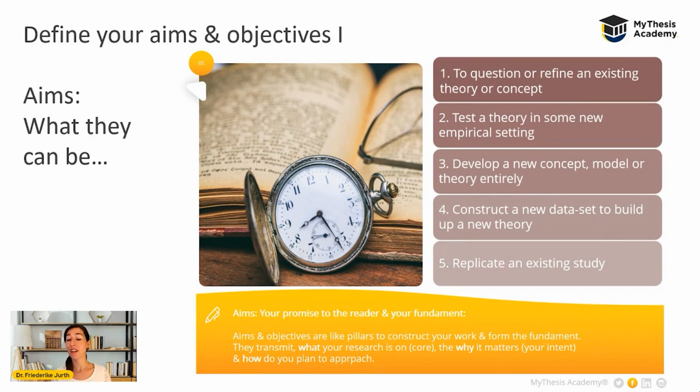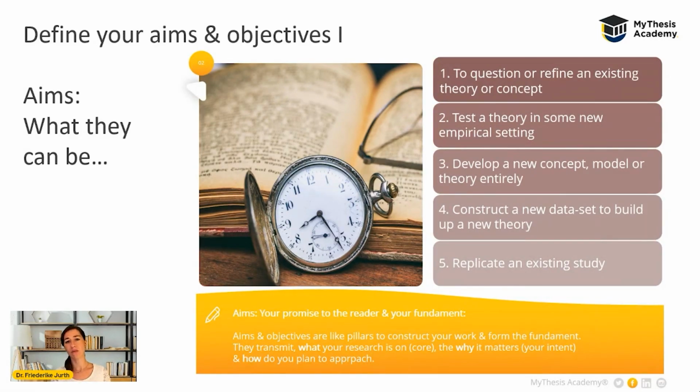Then you can also develop a new concept or a model or even an entire theory. This is, I think, one of the most challenging things, because you are really constructing something totally new, using some conceptual theoretical lens, but at the end, you are really constructing a new conception from your data.